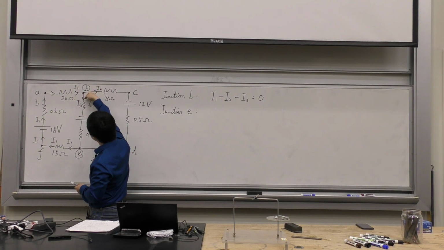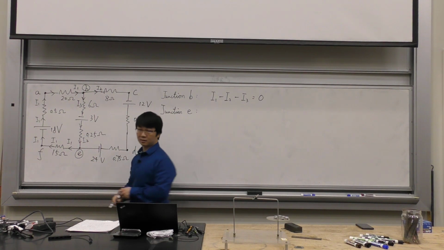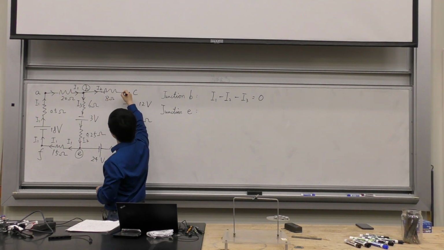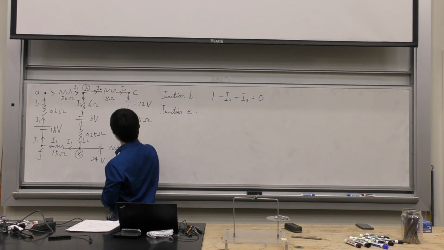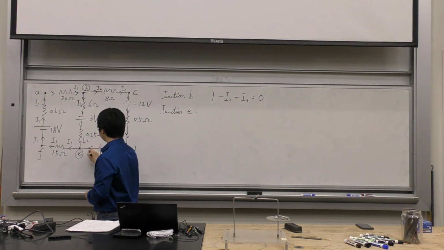Now this current, the middle one, you see, this is I3, this is I3, this is I3. There's one path, so there is only one current in this whole path. Now what about this one? Well, this is I2, this is also I2, and this is also I2.